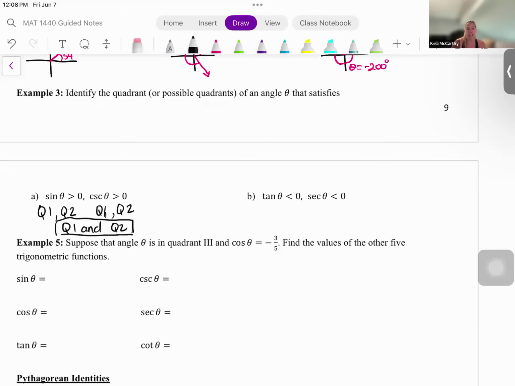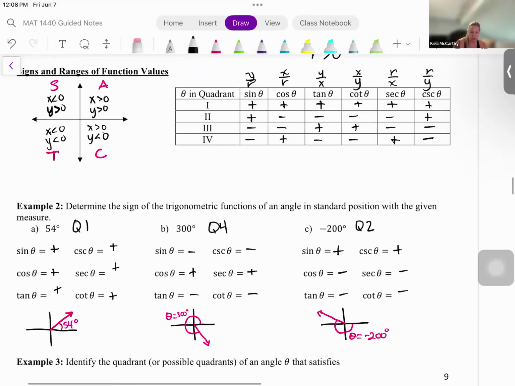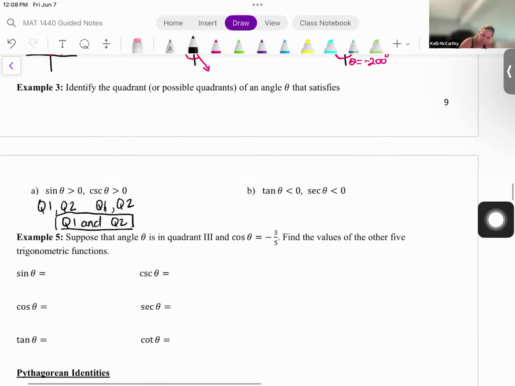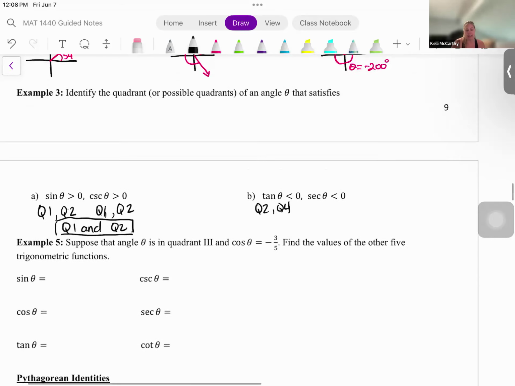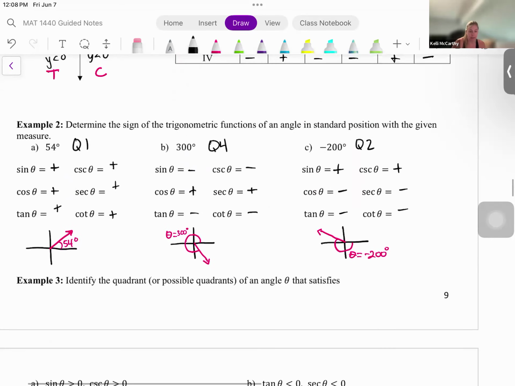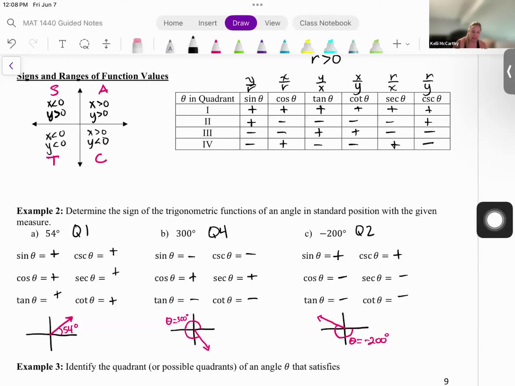B, we're looking at tangent being negative. Looking at our chart up here, everything's positive here and tangent is positive here. So that means tangent's going to be negative in quadrants 2 and 4. Secant is negative. That's where cosine's going to be negative. So cosine is negative, or let me start with where it's positive.